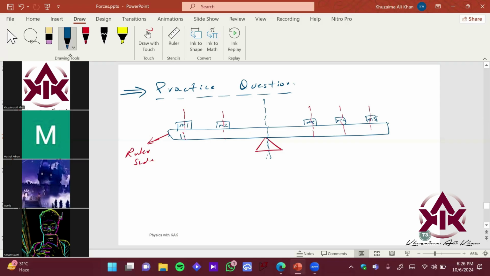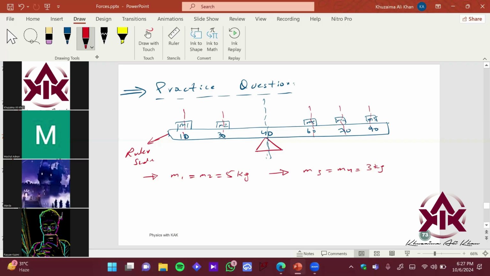This is 10 centimeter, this is 30, this is 40, this is 60, this is 70, this is 98. You're given the masses. M1 equals M2, that is equal to 5 kg, and M3 equals M4, that is equal to 3 kg.